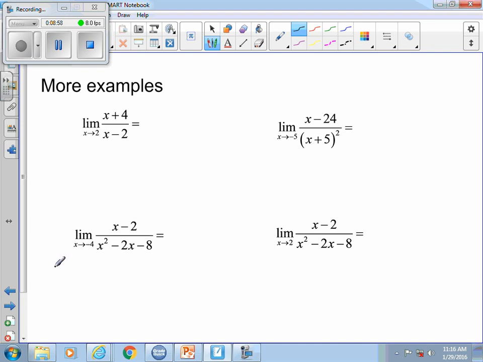What did the limits last night all ask you to find? The limit as x approaches what? That's when you think horizontal asymptotes, because that's where horizontal asymptotes happen. Does that make sense?